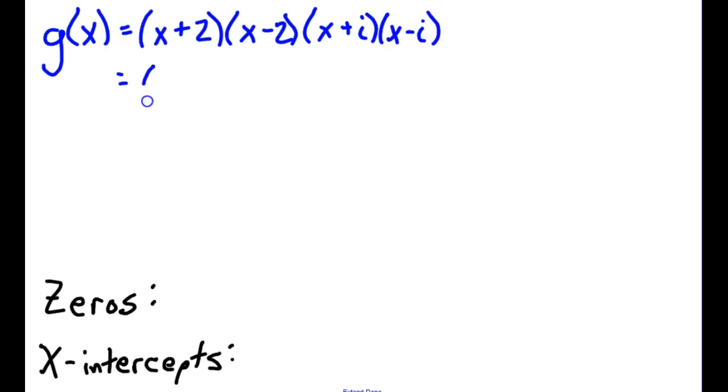So if you recognize that pattern, you can quickly multiply that out to get x squared minus 4. And x plus i and x minus i, that is the difference of two squares pattern again. If you multiply that out, the middle terms are going to cancel, so you would get x squared minus i squared.